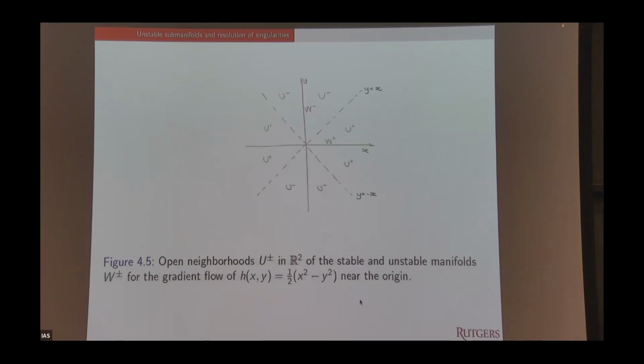All right, so if we focus on a local model for the critical point and the behavior of the height function, I've drawn here the unstable and stable manifolds W plus, W minus. We're interested in knowing that near a certain critical point, it's not a local minimum. So there's a silly observation you can make that you have actually cone neighborhoods of the unstable manifolds, where points lie below the critical point.